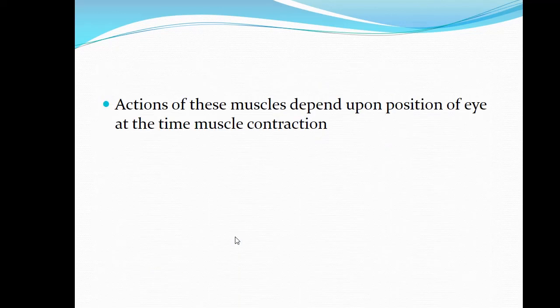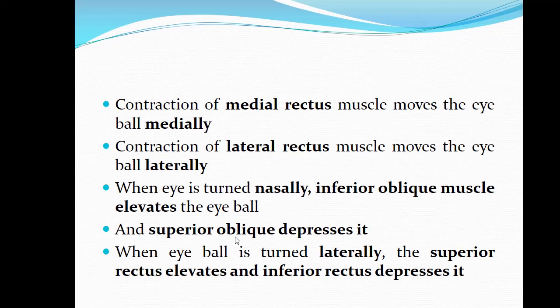Now, the actions of these muscles depend upon the position of the eye at the time of muscle contraction. Different muscles, when they contract, produce different actions or cause movement of the eyeball in different directions. Here we see the actions of the individual muscles.